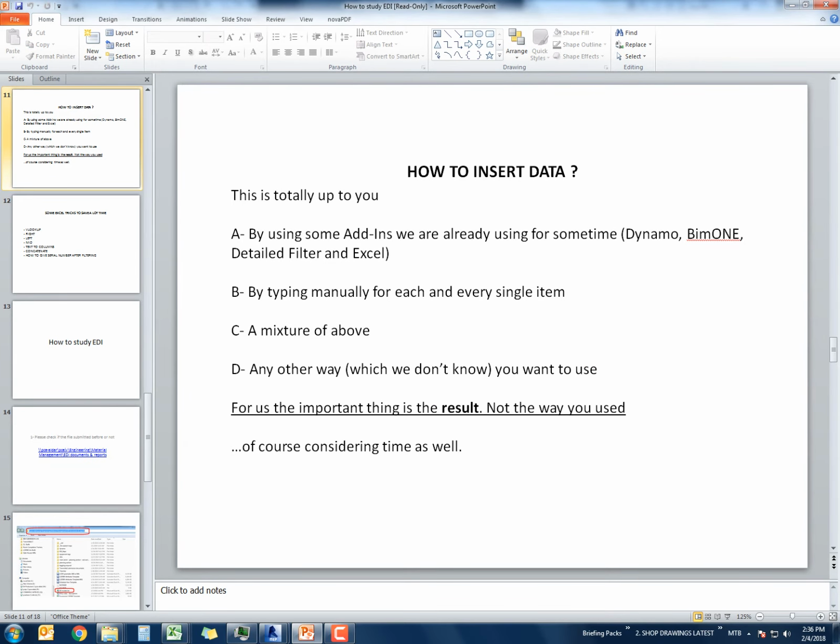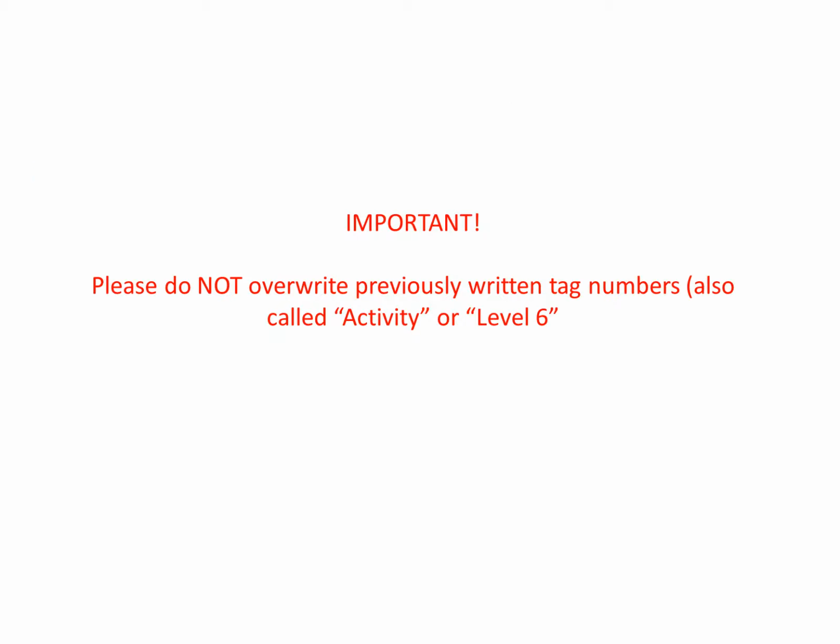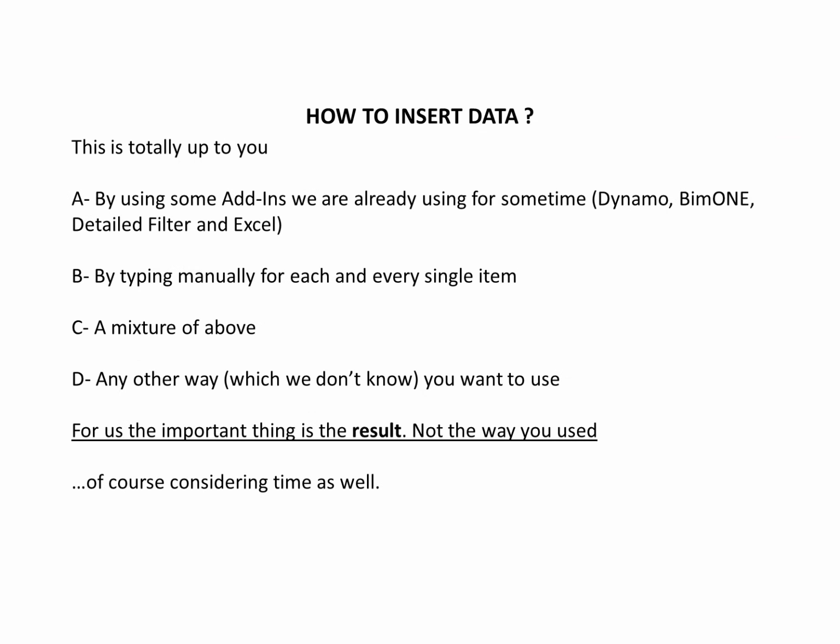Now, how to insert data. Here we are using some additional software and add-ins for Revit, like Dynamo, Beam One, or Microsoft Office programs like Excel. We are comfortable with them, and we use them to insert the data. But if you prefer, you can type everything manually, or find other ways, totally up to you.